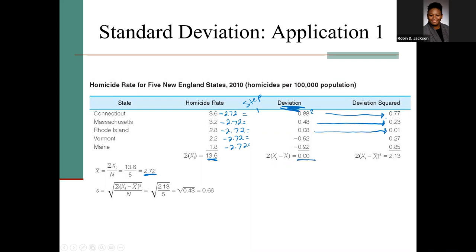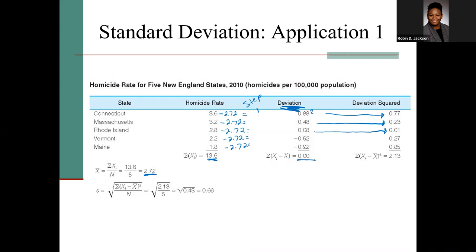So if you take, maybe you don't have a calculator that has the square, all you need to do is take the number and multiply it by itself. You should take 0.88, square it, or you can do 0.88 multiplied by 0.88, and you should get 0.7744.